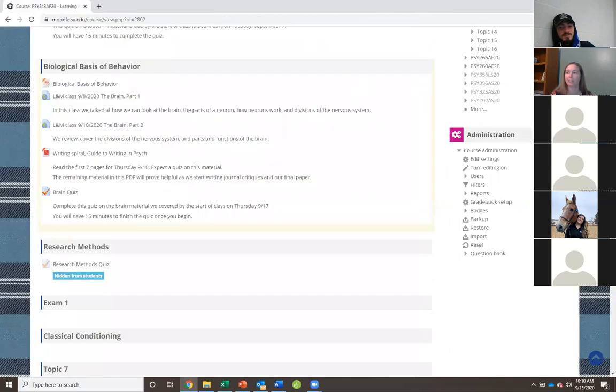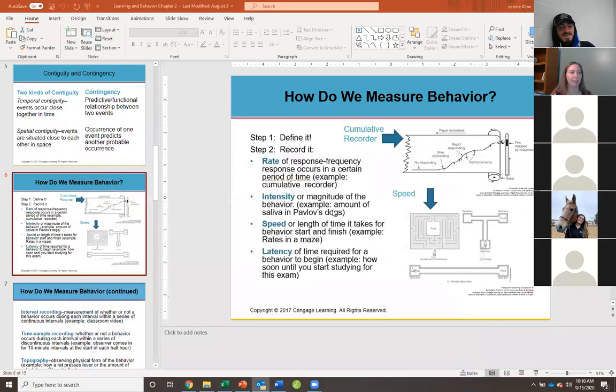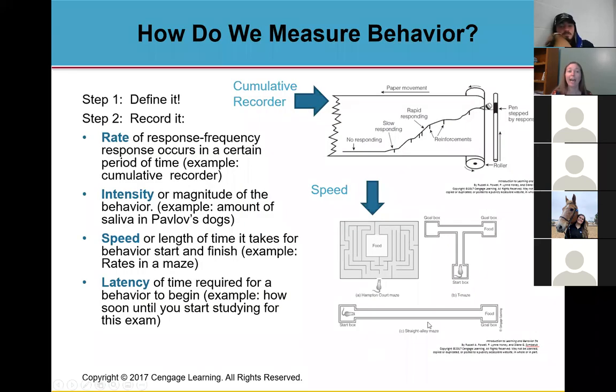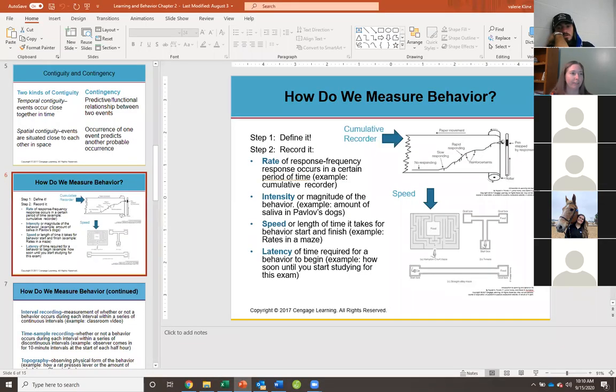Stitch was actually recently adopted, so we're very excited about that. So, we have an ethogram, right? So very specific behaviors. I don't know if I can find that. We'll show you guys that as well.